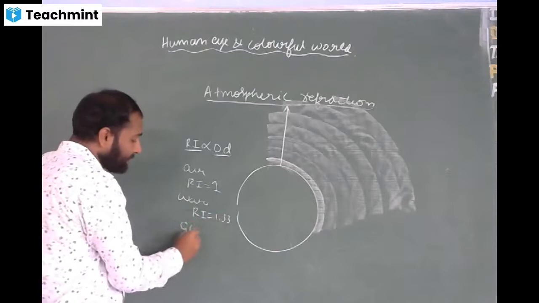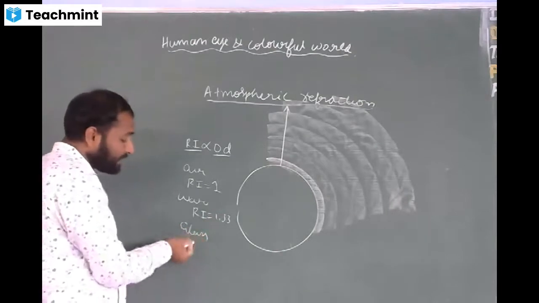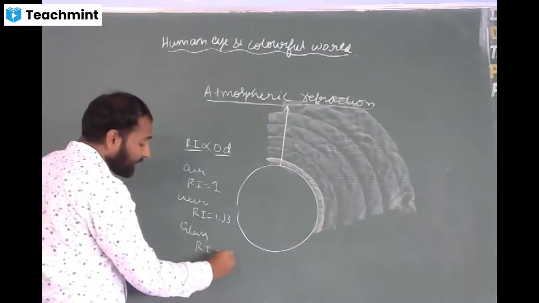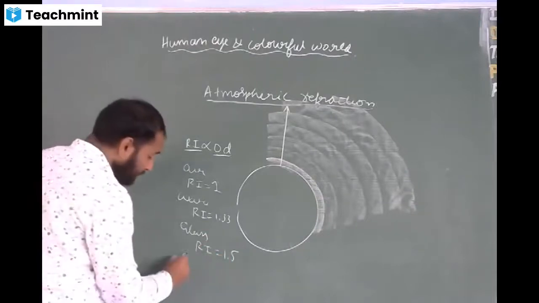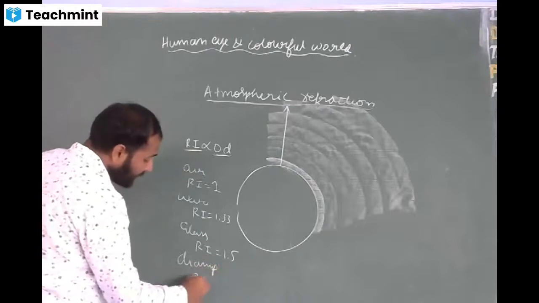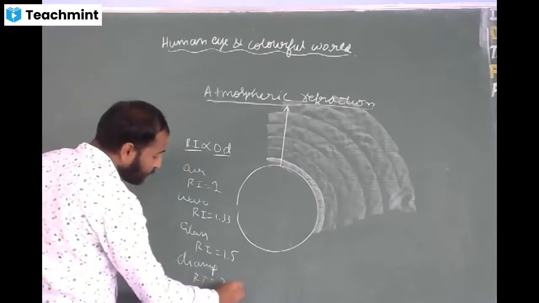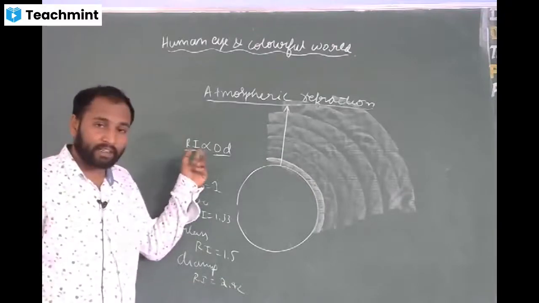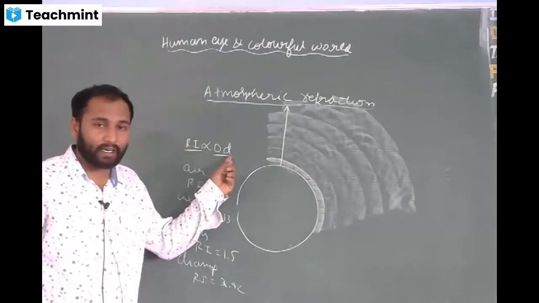Glass has more optical density than water, so its refractive index is 1.5. Diamond's optical density is too huge, so its refractive index is 2.42. So you can see refractive index is directly proportional to optical density.